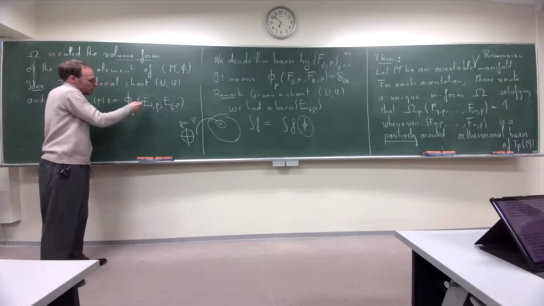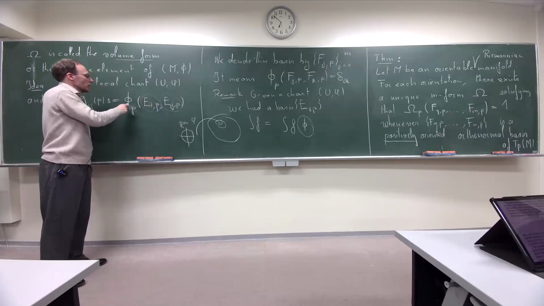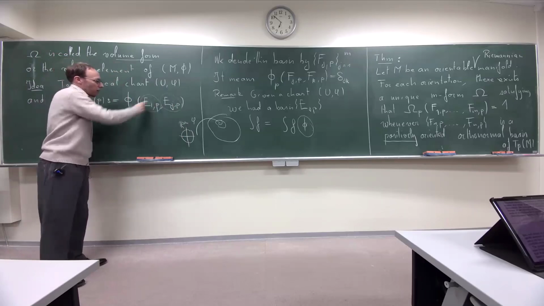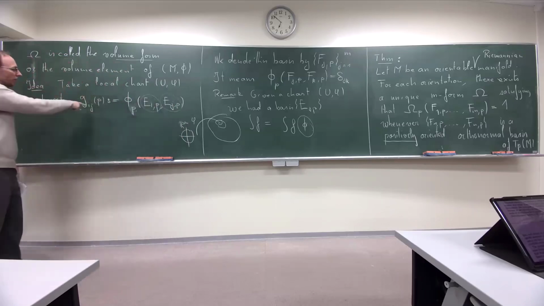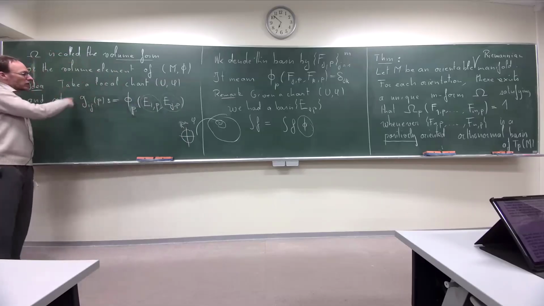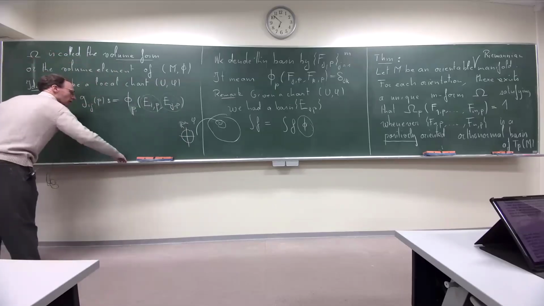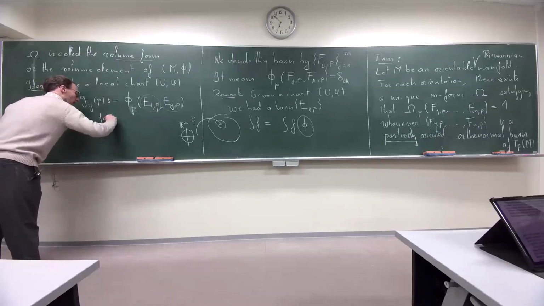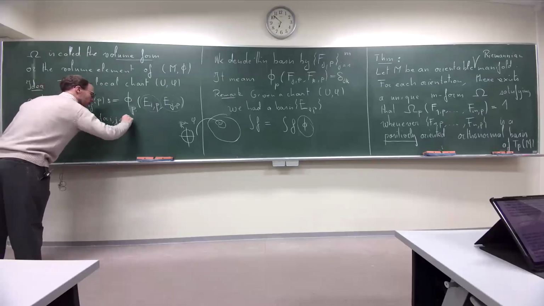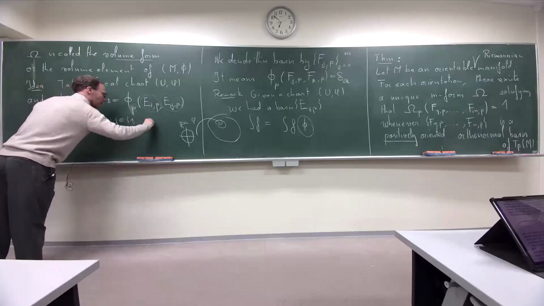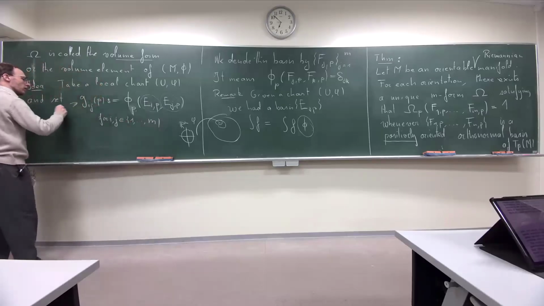So you apply this 2-tensor field on these two vectors, and you define this. Observe that this is just a number for each i and j belonging to the set 1 up to m.